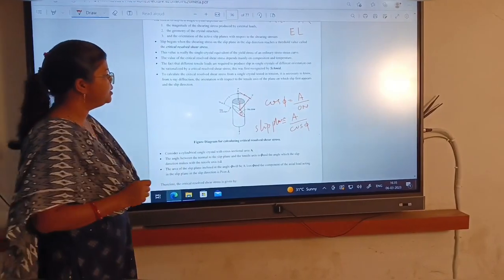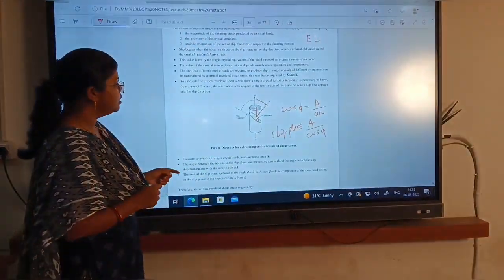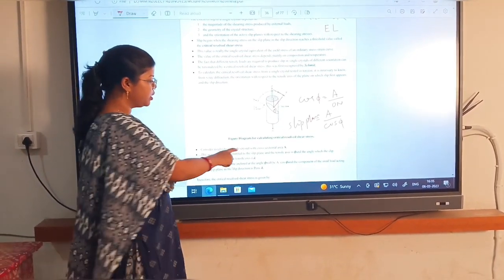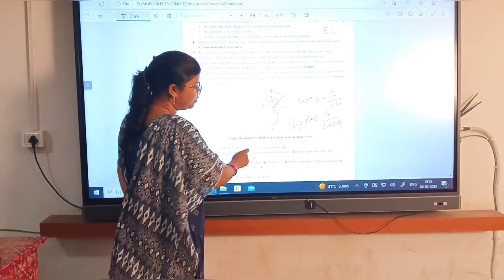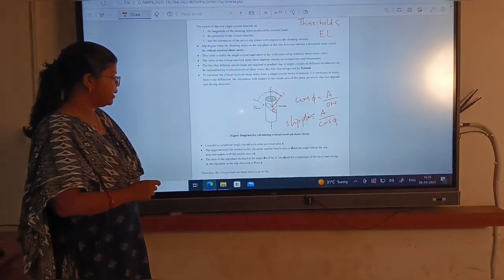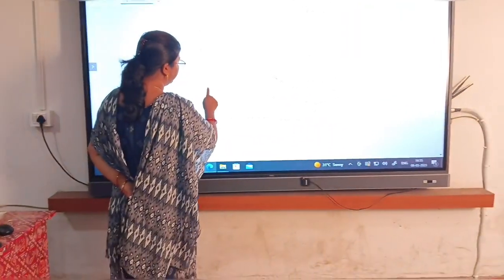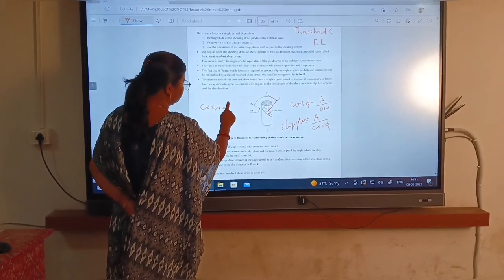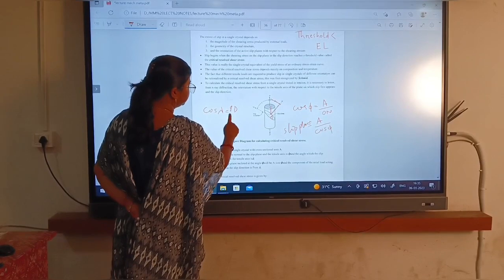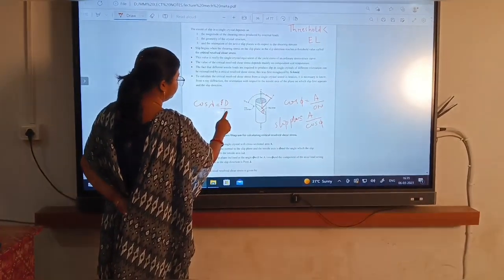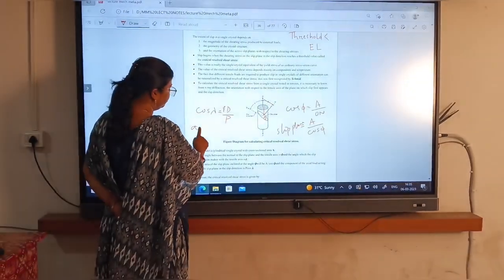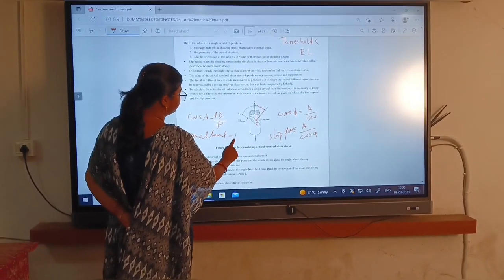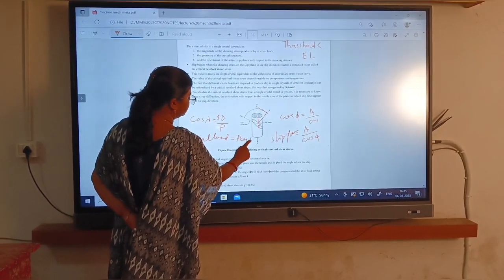Similarly, lambda is the angle between the load and the slip direction. So the area of the slip plane on which angle phi lies will be A by cos phi, and the component of the axial load acting in the slip direction will be P cos lambda.